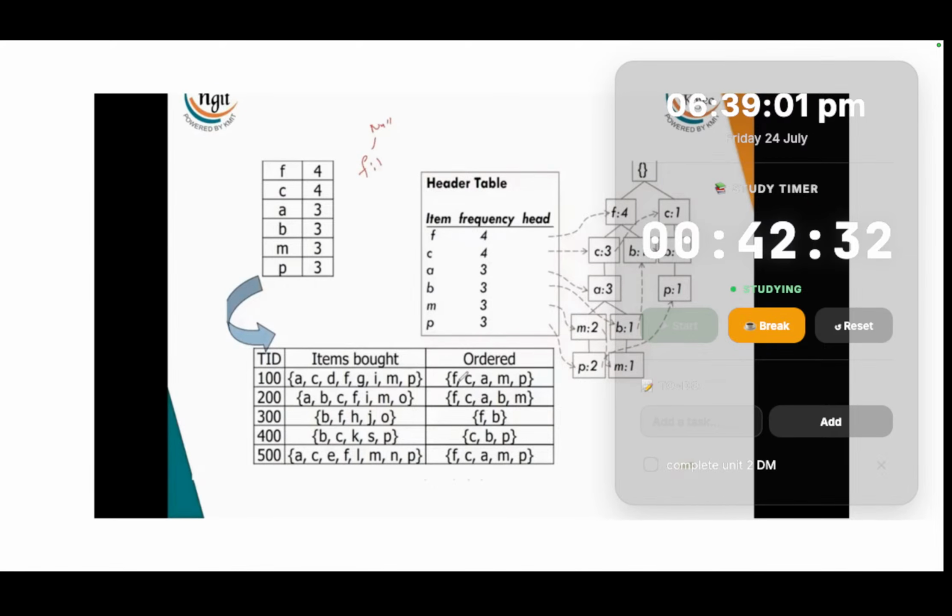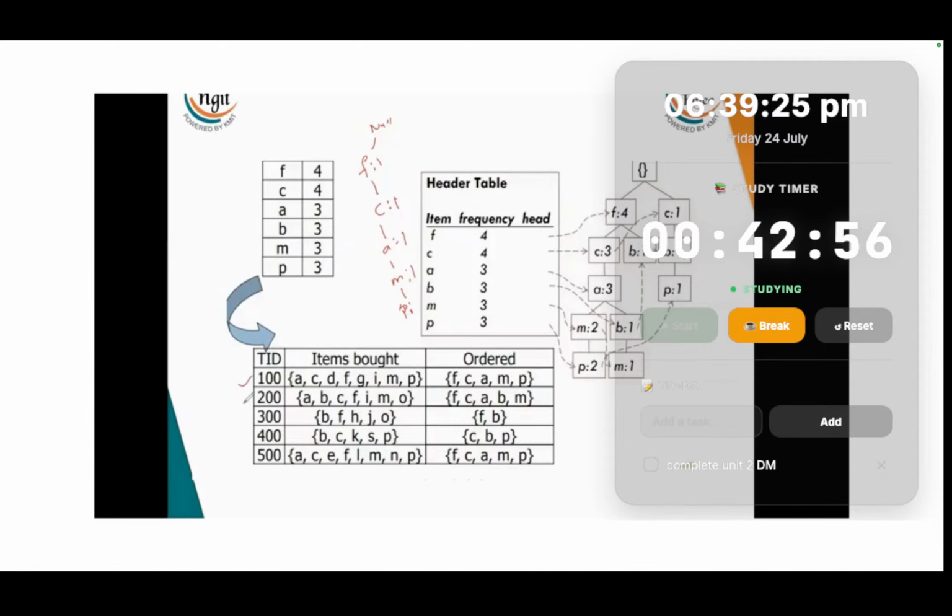Next, after F, we have C. So this node, after this F node, will have a node which is called C. Similarly, we'll do it for A, and then we have M, and then we have P, right? So this is the path which is created for the first transaction.